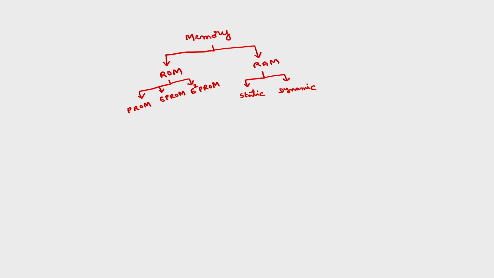Before going to what is ROM and what is RAM, how will the memory be represented? Normally we will call the memory as, say, 32 kilobytes. What is the meaning of this 32 kilobytes? As I have told in the earlier classes, 1 kilo in microprocessor terminology is 1024 and 1 byte is 8 bits.